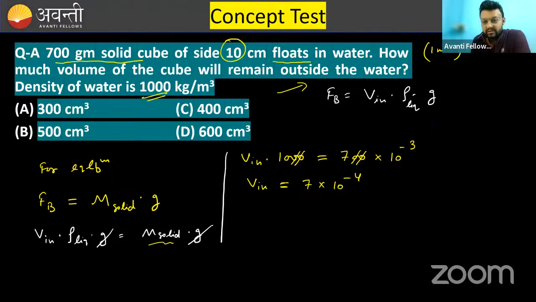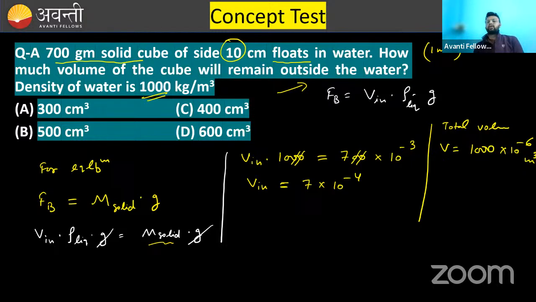Then the total volume V is, side is 10 centimeters, so 10 centimeter cubed is 1000 into 10 raised to the power minus 6. Clear? This is the total volume.